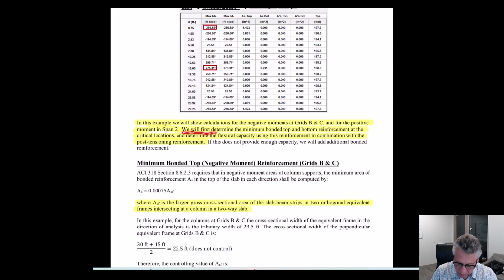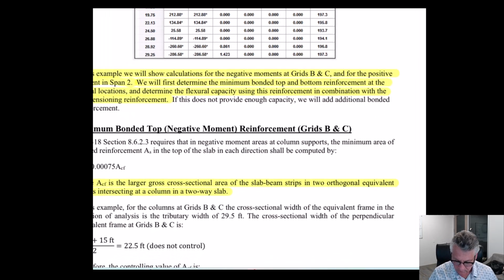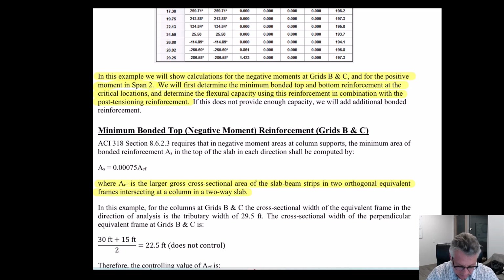First thing we're going to do is look at the minimum bonded top reinforcement. I'm going to look at the negative moments reinforcement at grids B and C at the maximum side. So ACI 318 says, and this is where I'll slow down a little bit because this part's different than what we did with the beams. With the beams in one-way systems, we had 0.0014 times the area of concrete in tension.